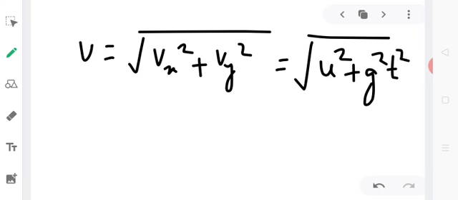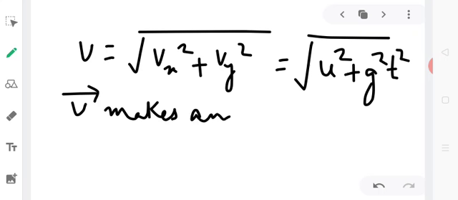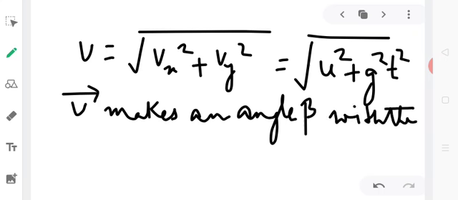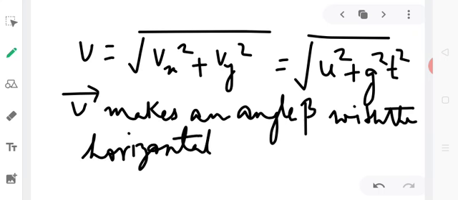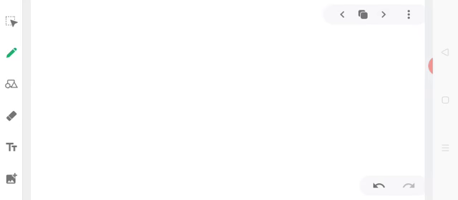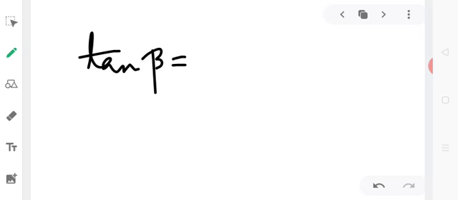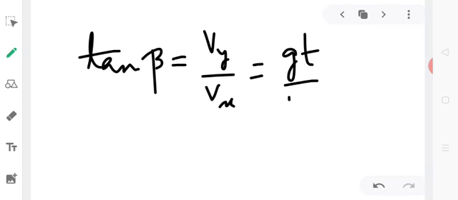If v vector makes an angle beta with the horizontal, then we may write down tan of beta equal to Vy by Vx, that is equal to gt by u.